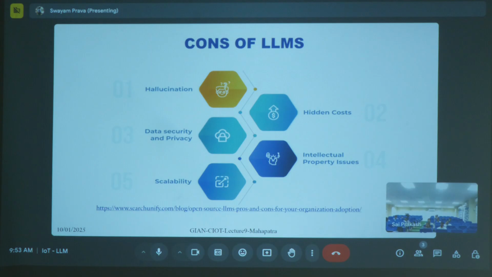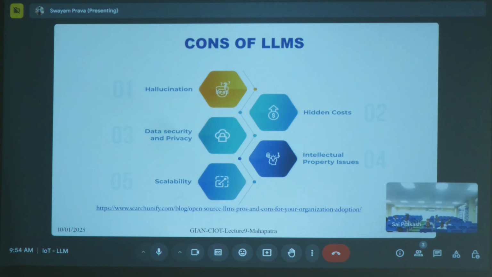Next is the hidden costs. Initially, we may not realize that these hidden costs exist because as users we don't see it, but in organizations like companies, even universities, they can reduce operational cost, but deploying and maintaining these advanced models actually involves significant expenses like the infrastructure, computational resources, data labeling, and integration efforts.